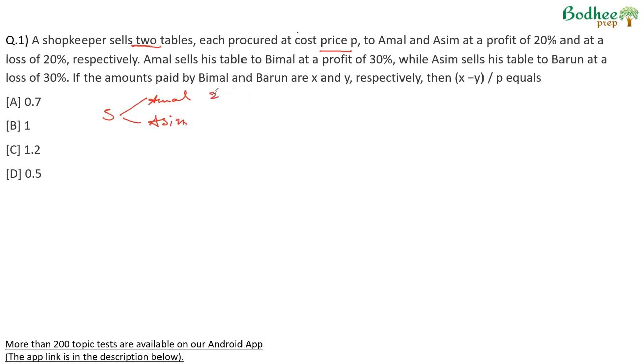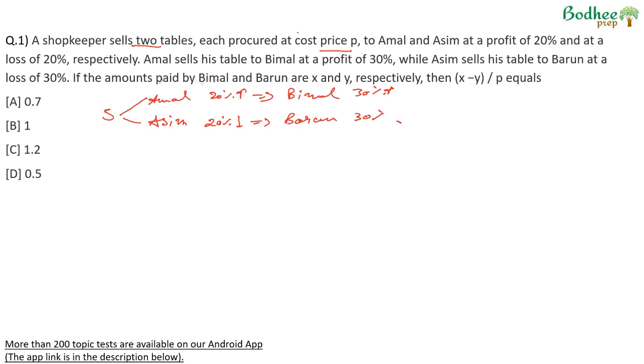Eventually, Amal sells a table to Bimal, again at a profit of 30%. Asim sells to Barun at a loss of 30%.